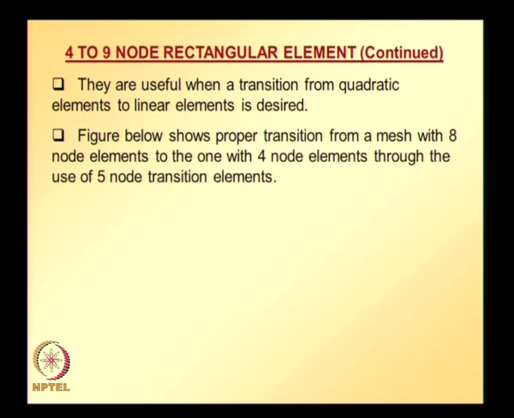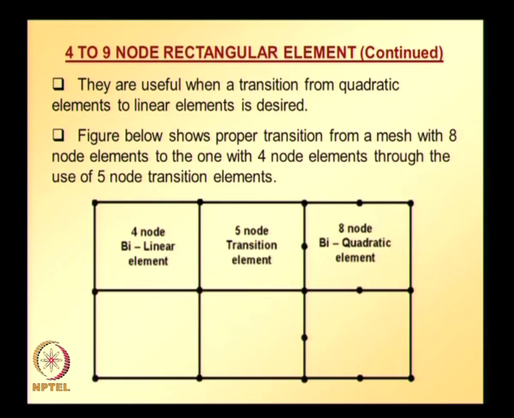The figure below shows proper transition from a mesh with 8 node elements to a mesh with 4 node elements through the use of 5 node transition elements. So, here you can see a part of the mesh consists of 4 node elements and the rest consists of 8 node elements, and in the region where we have this transition, a 5 node element is adopted.